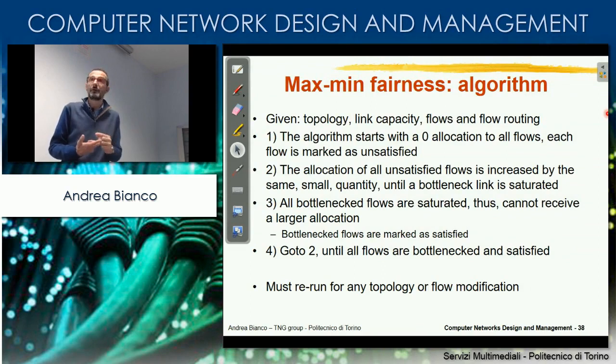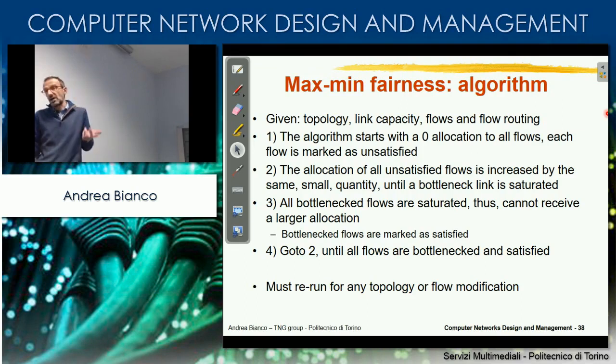This is much more frequently happening in real networks, okay? So all of these events, or if you change the routing, this is not so common. Any change in the topology, link capacity, and flow routing implies that you must rerun this algorithm from scratch. Okay? And that explains why this is not a practical solution.